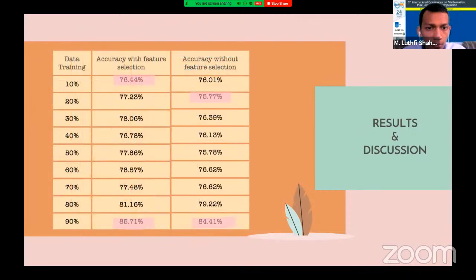The accuracy obtained by using 10% until 90% of the data training is shown in this table.